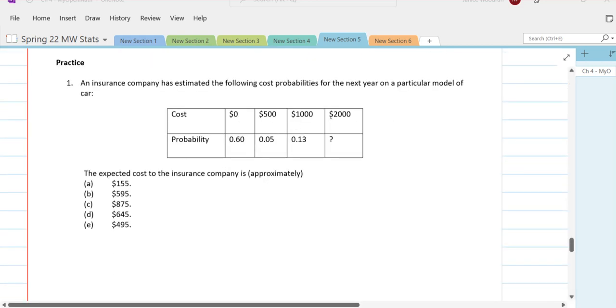So number 1, we have an insurance company that has estimated the following cost probabilities for next year on a particular model of car. And then we want to find the expected cost to the insurance company. So the first thing that we need to do here is finish filling out the probability table.